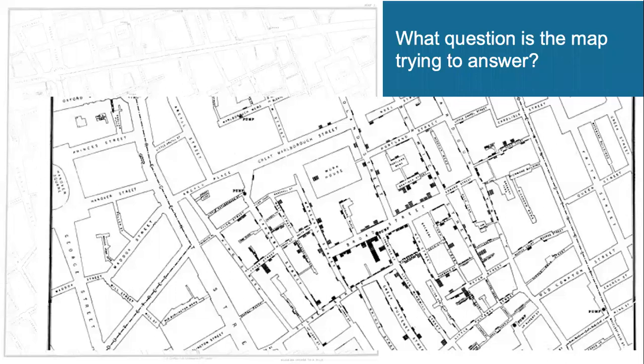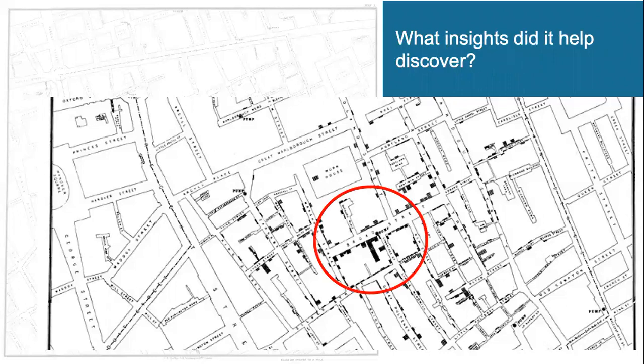So where are cholera deaths concentrated within this neighborhood? And then, so what insights might it have helped discover? Using this map, by trying to answer the question of where are the hotspots, what would the creators have learned from using this map?